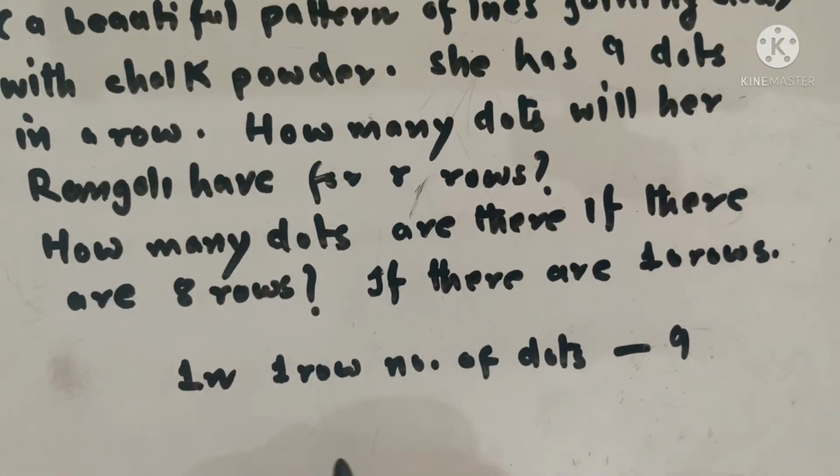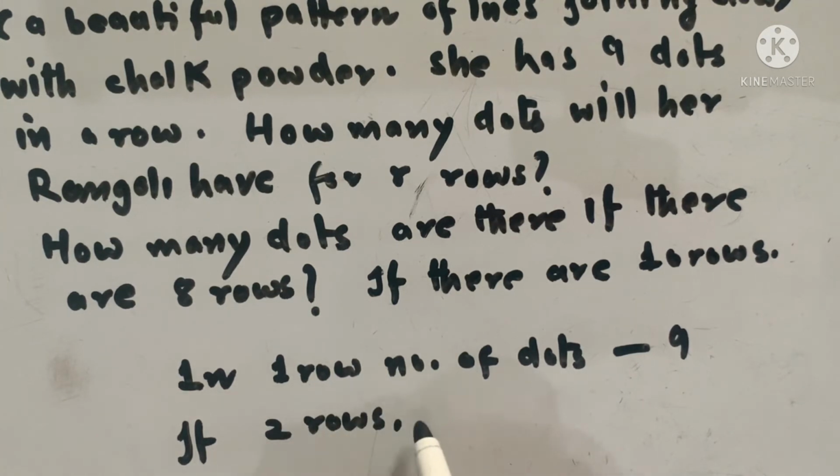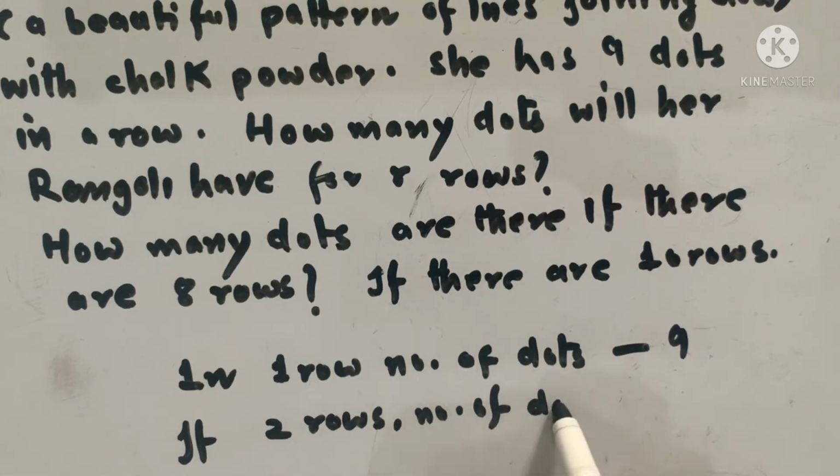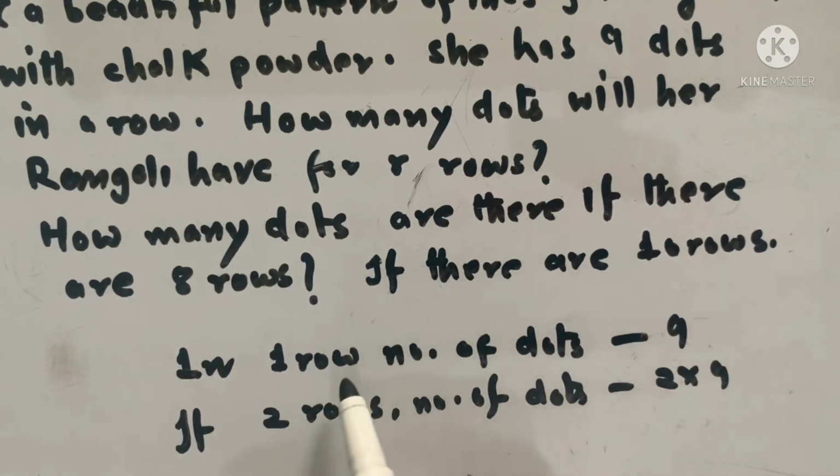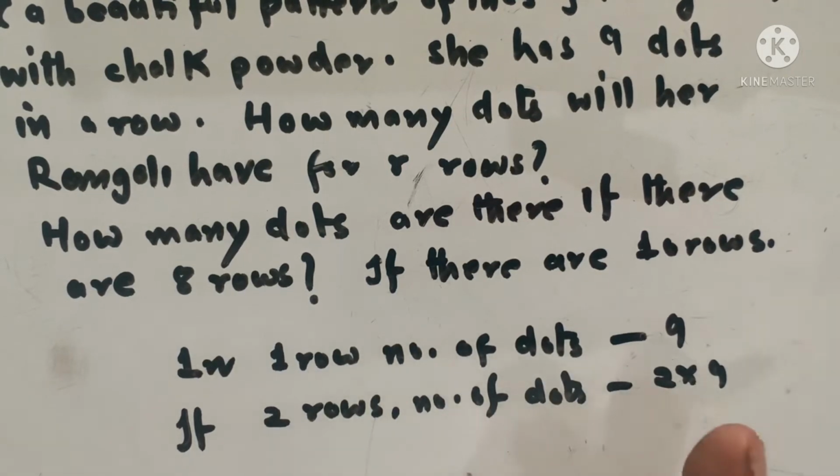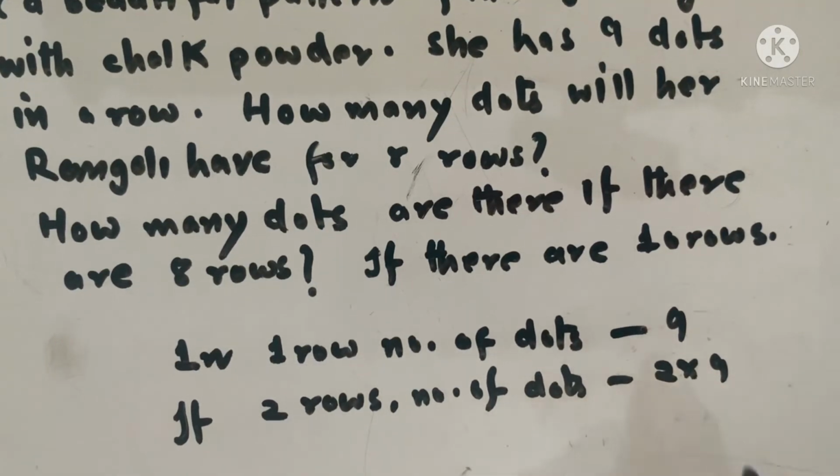If there are 2 rows, the number of dots will be 2 into 9. 1 row contains 9 dots, 2 rows will contain 2 into 9 dots.